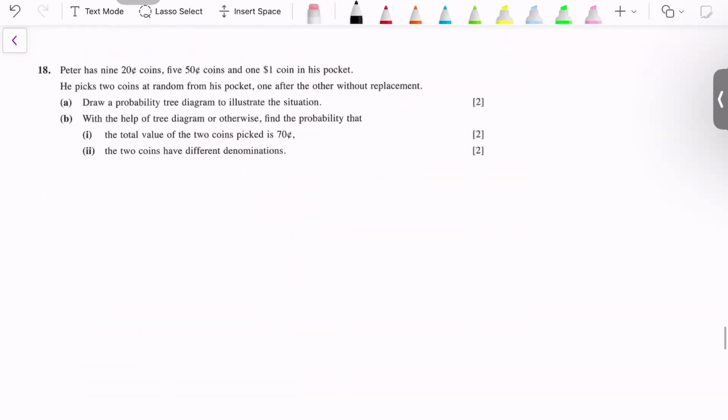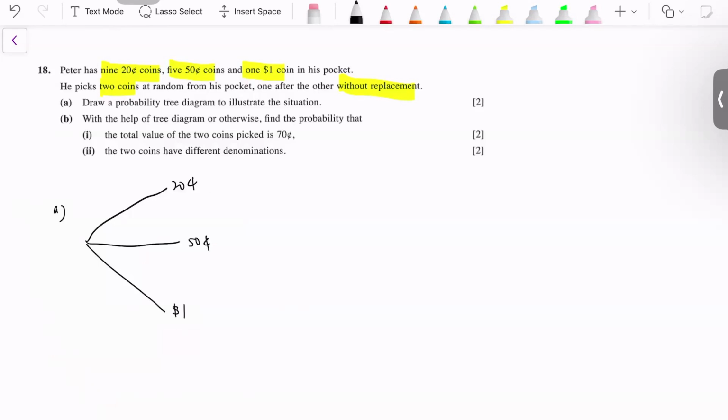So next is question 18. It says that Peter has 9 20-cent coins, 5 50-cent coins, and a $1 coin in his pocket. He picked 2 coins at random from his pocket, one after another, without replacement. So draw the probability tree diagram. Okay. So in this case, there are 3 possibilities, starting with 20 cent, 50 cent, and $1.